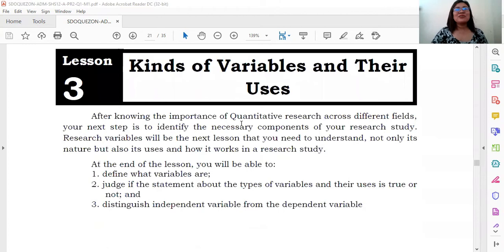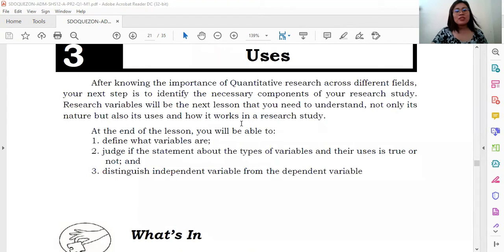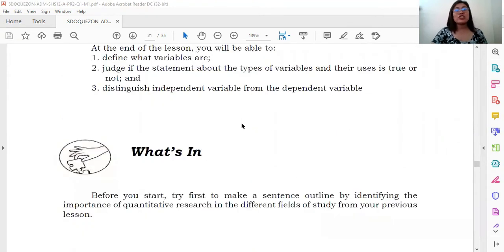All right, let's go to lesson 3, kinds of variables and their uses. For this part, you will be expected to define what variables are, judge if the statement about the types of variables and their uses is true or not, and distinguish independent variable from dependent variable. This is very important because you'll also be describing which is the dependent and independent variable in your own research topic.